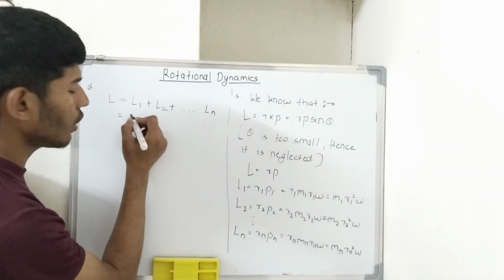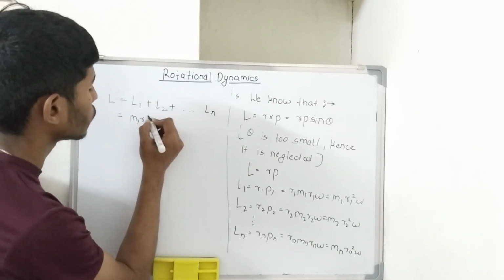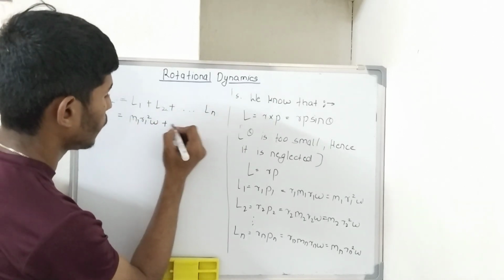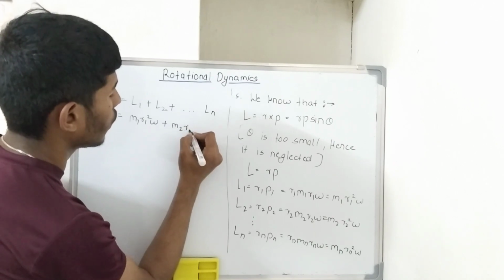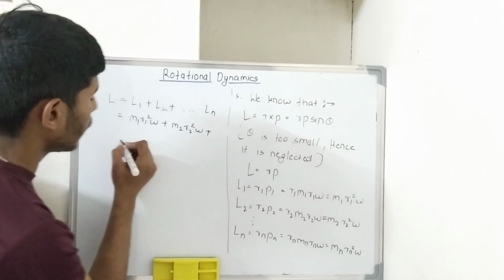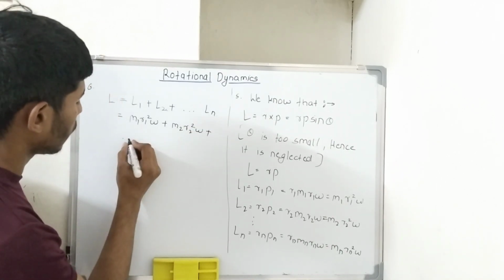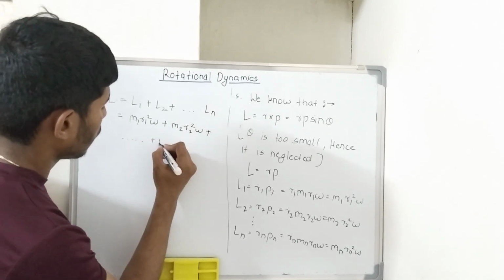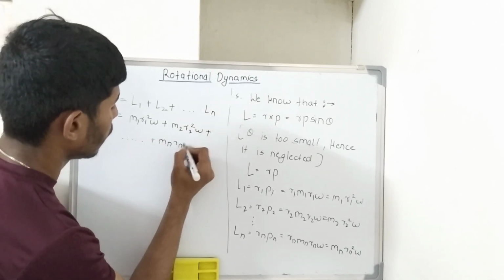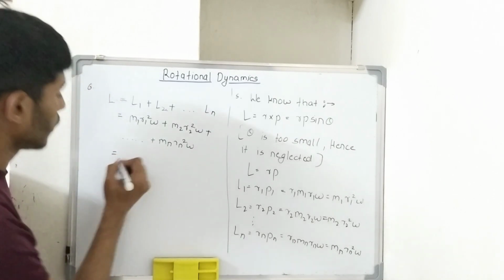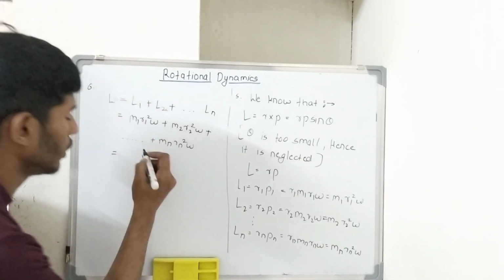What was the value of L1? That is M1 R1 square omega plus M2 R2 square omega till Mn Rn square omega. So what was common here? Omega.